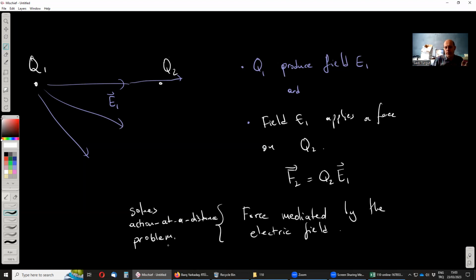So it's not a direct force applied by this object on the moon. It's a force which is mediated by some kind of a medium. For the case of gravitational force, the medium is space-time. For the electric force, it is the electric field. Okay? So we are going to have the same kind of interpretation for the magnetic force as well.